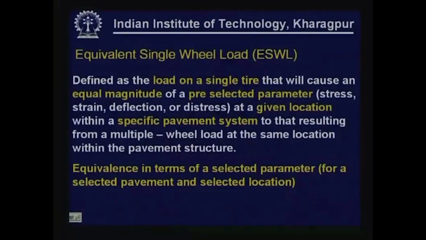So, individual agencies define equivalent single wheel load using different framework of what is the pavement system that is considered, what is the location at which this parameter is calculated, and what is the parameter we are calculating. So, equivalence is in terms of a selected parameter for a selected pavement at a selected location.